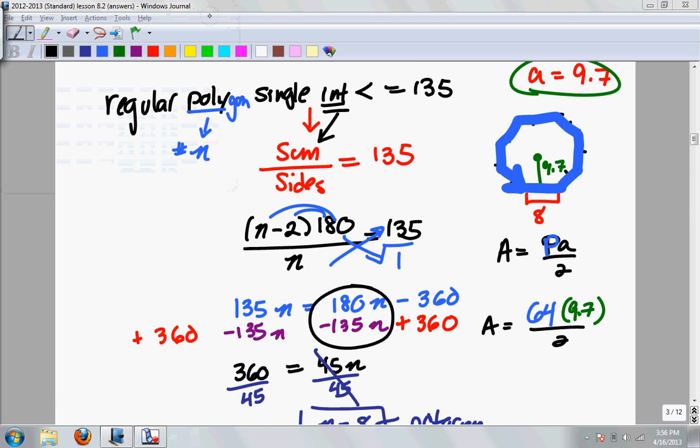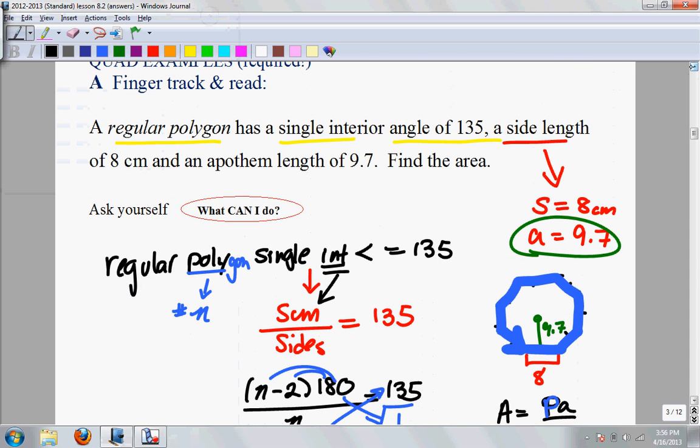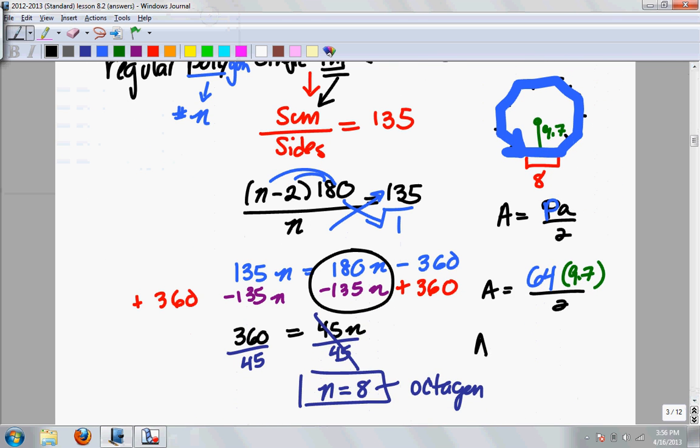Now we need to check for units, what kind of units were involved here. We aren't told the units, so the area is 310.4, and we're just going to call it units squared.